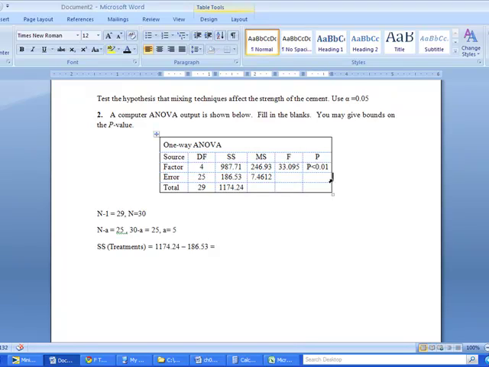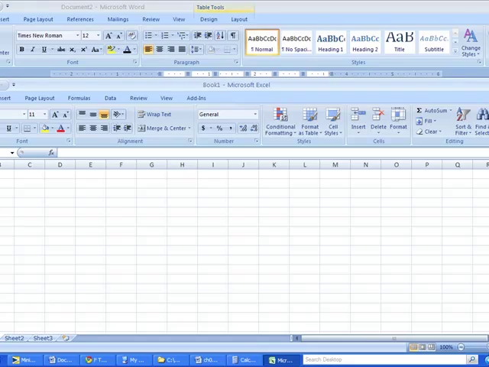Or if you want to find the exact value of p, you can use an Excel spreadsheet.